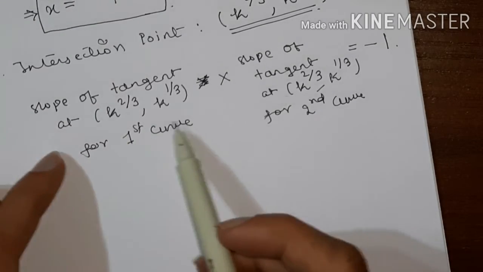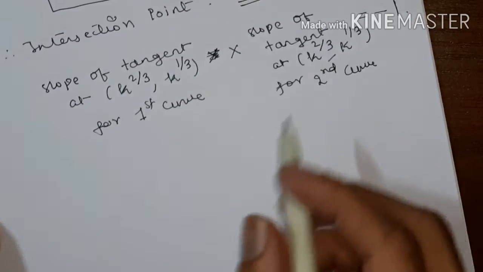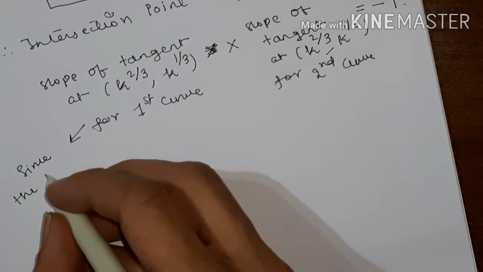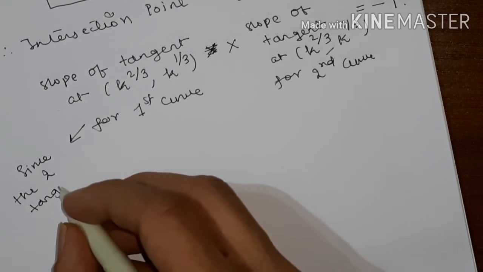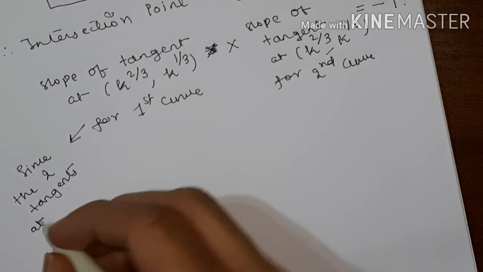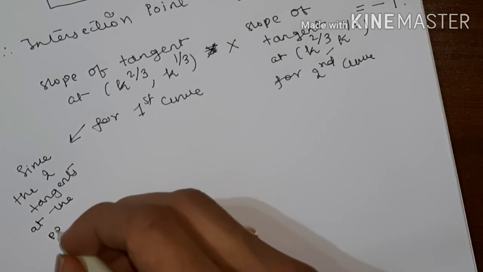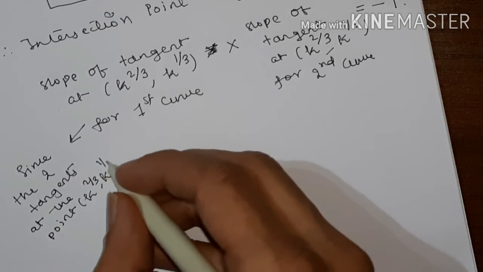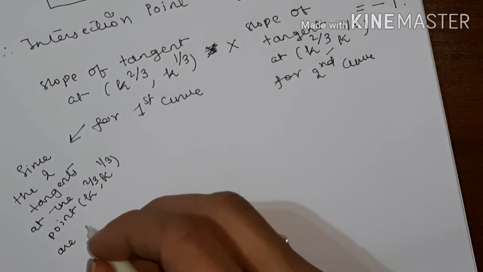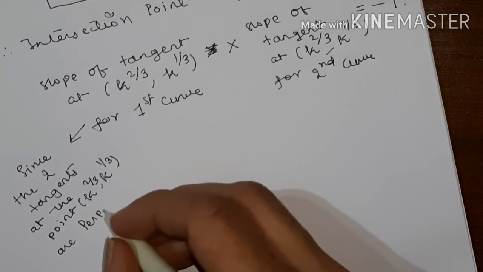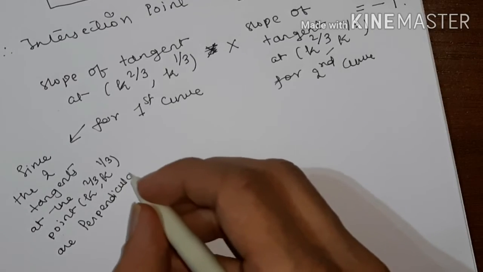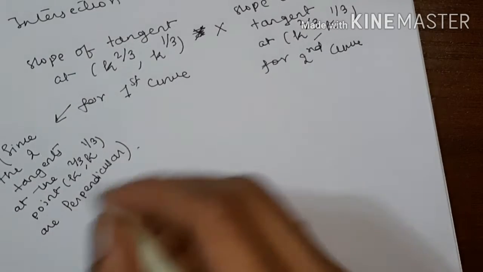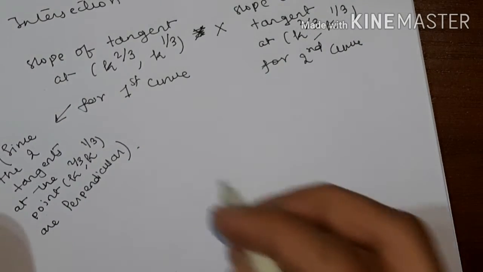Because the two tangents are perpendicular, right? Since the two tangents at the point k raised to 2 by 3 comma k raised to 1 by 3 are perpendicular for the two curves.